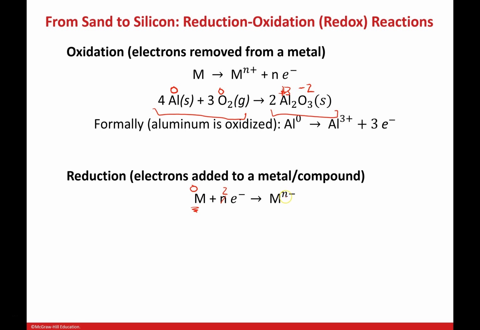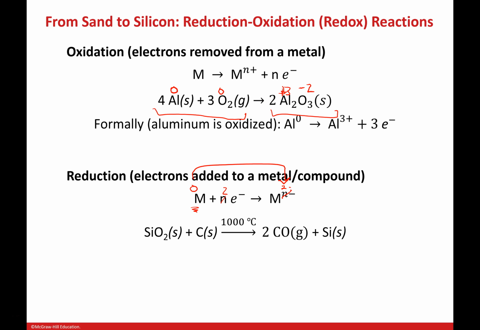Okay, it forms a -2. And actually the charge of it then is its oxidation state. So we say something is reduced if it steps down in its oxidation number. So clearly it's a decrease from 0 to -2, it's stepping down. We say that thing is being reduced.